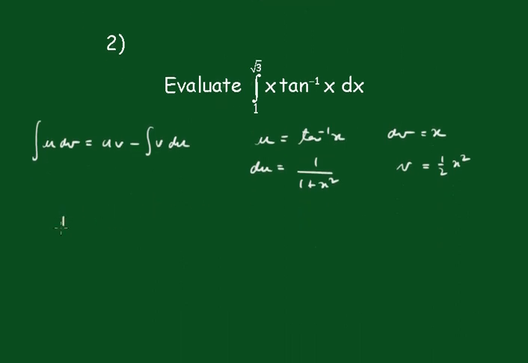So my I is equal to 1 half x squared tan to the minus 1 of x, I'll put the half at the front, between root 3 and 1, minus, again the half at the front, v du, 1 half of x squared over 1 plus x squared dx between root 3 and 1.